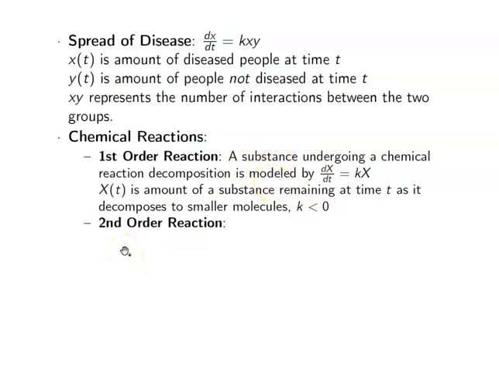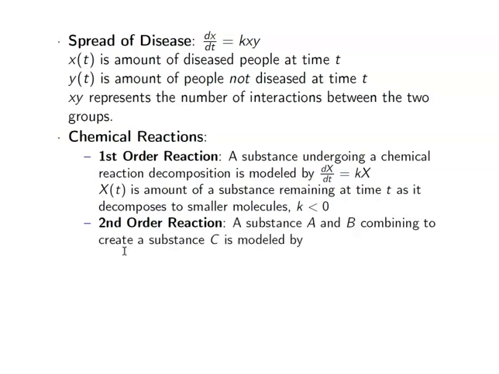A second order reaction is when you have two elements that are interacting with each other, right? So this is a chemical reaction where you could think of it like a piece of metal rusting, right? It's the metal plus oxygen interacting together to create rust, right?